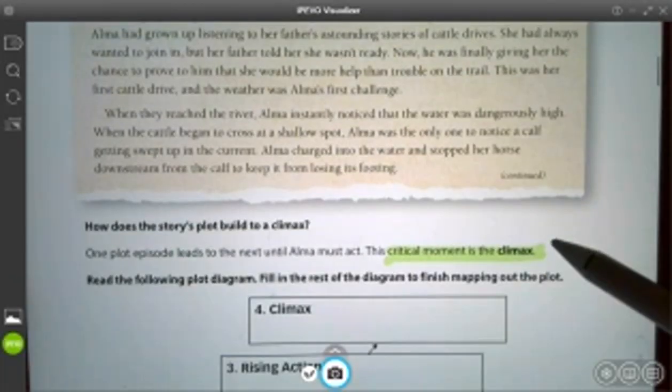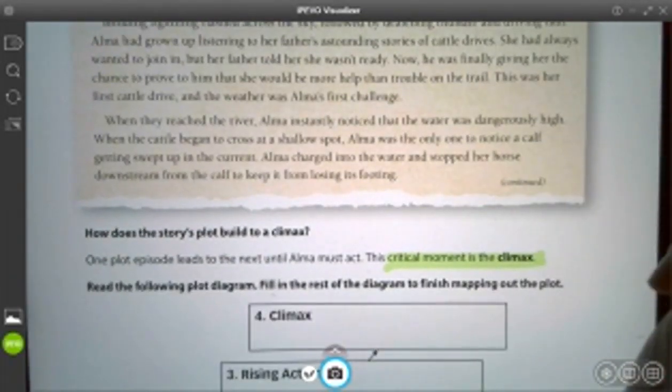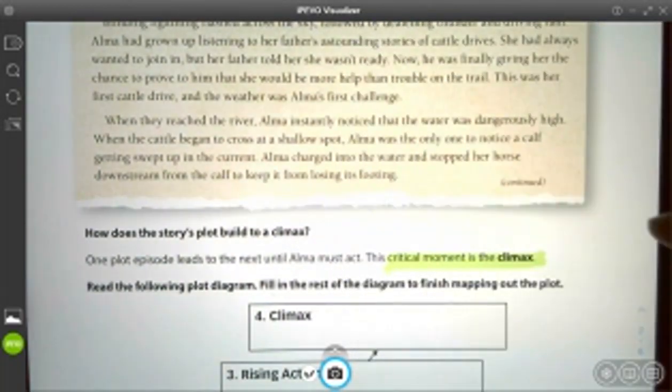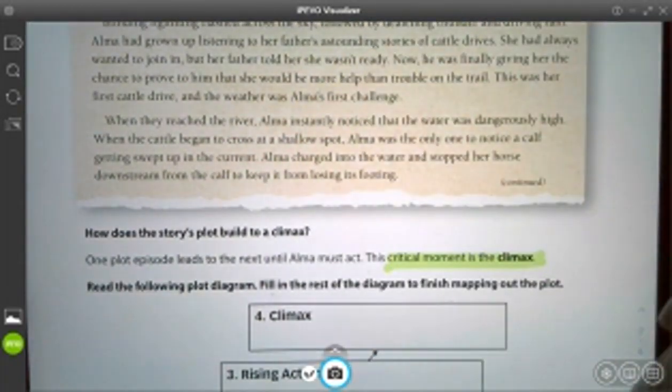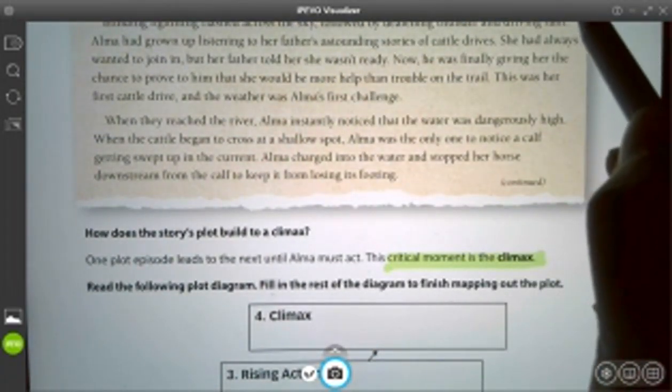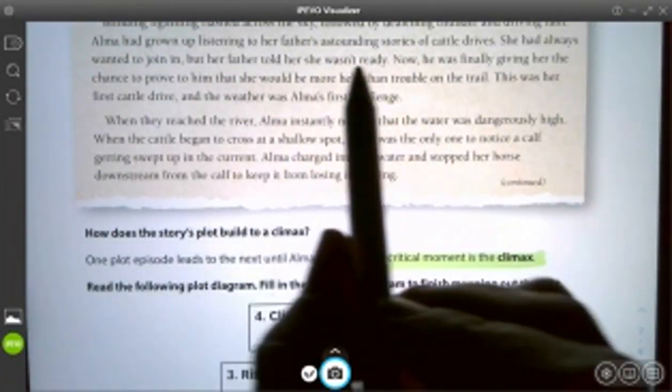Okay, so let's go back to our story and look. So right in this area right here, you have your beginning, your exposition. Okay, and it also gives you what the problem is.